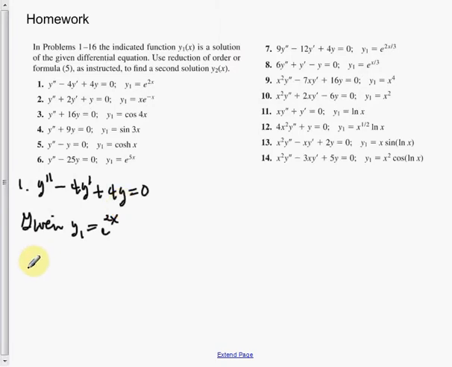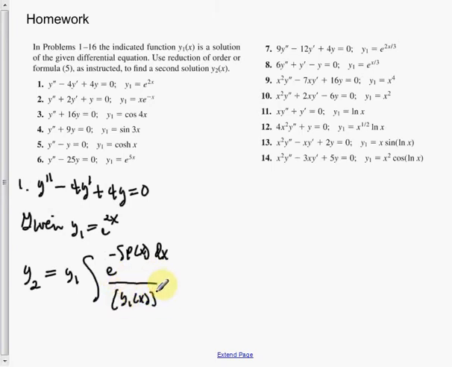So according to the formula, the second solution is equal to the first solution, y sub 1, times the integral of e to the negative integral of p of x dx divided by the first solution, all to be squared, dx.